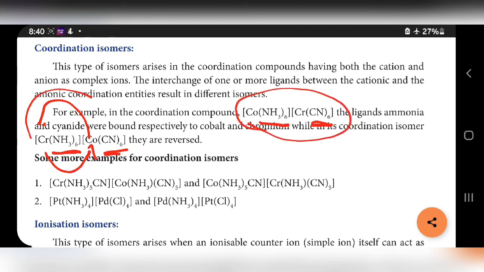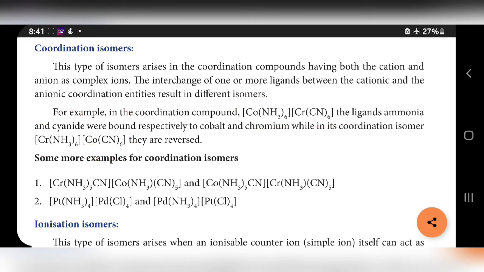Both have the same molecular formula, but which one is different? The central metal ions have exchanged their places. This type of isomer arises in coordination compounds having both cation and anion as complex ions. The interchange of one or more ligands between the cationic and anionic coordination entities results in different isomers.